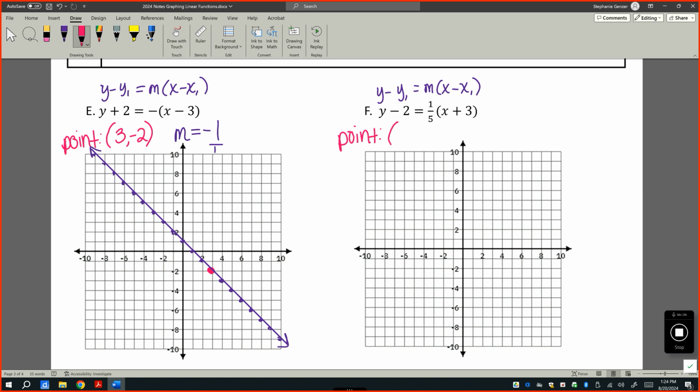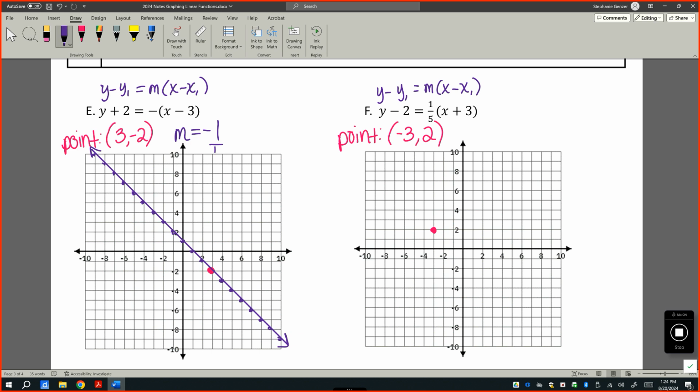So our x1. Anyone know our x1? -3. Yeah. And our y1, +2. All right, because it's opposite the way that it looks in the problem. So -3, +2. X and y, right there.